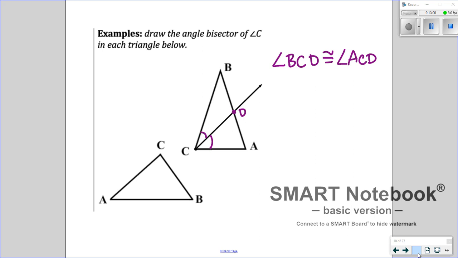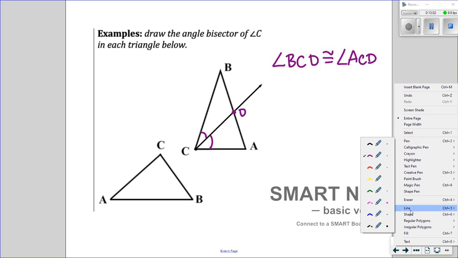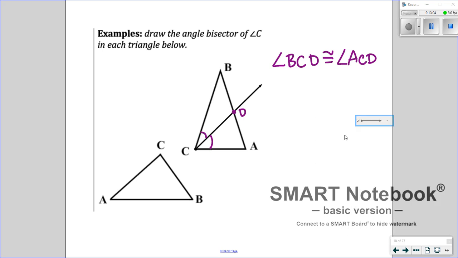And then for the other one, I'm going to do the line and start at C. And then this is my angle bisector. So I'm not going to make it perpendicular, because it's not a perpendicular bisector, and it wouldn't start at the vertex. My goal is to make the two angles congruent.